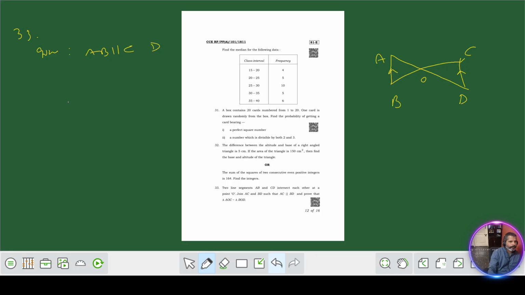Then, while solving to prove that they are similar, it's very easy. Since lines are parallel, you can use alternate angles, and there is already the vertically opposite angle AOB, COD, right?